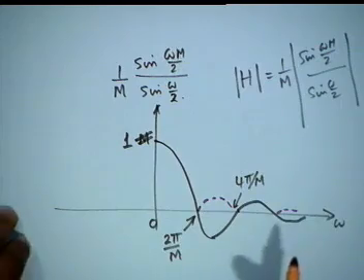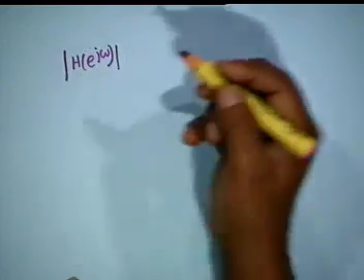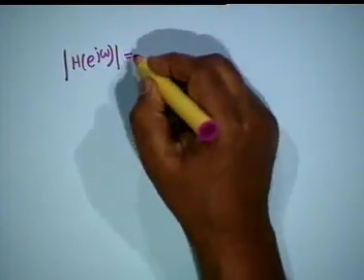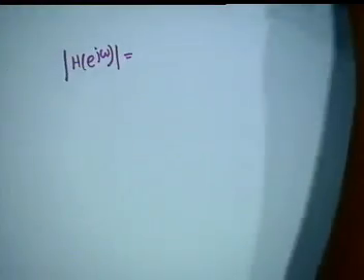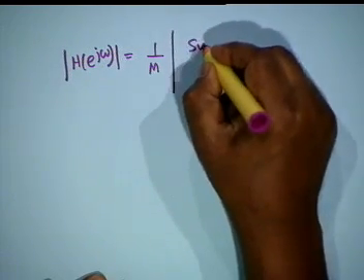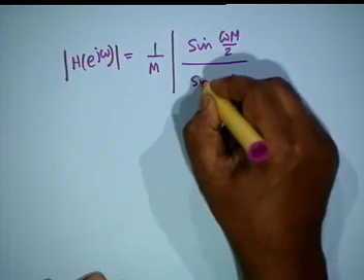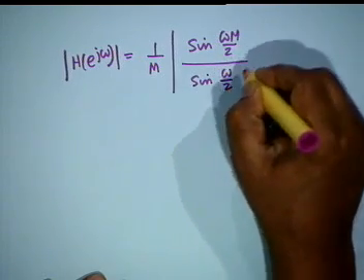Okay, and therefore the magnitude and phase of the frequency response can be written like this: the magnitude of H of e to the j omega is equal to 1 over M, as I had written earlier, sine of omega M by 2 divided by sine of omega by 2.